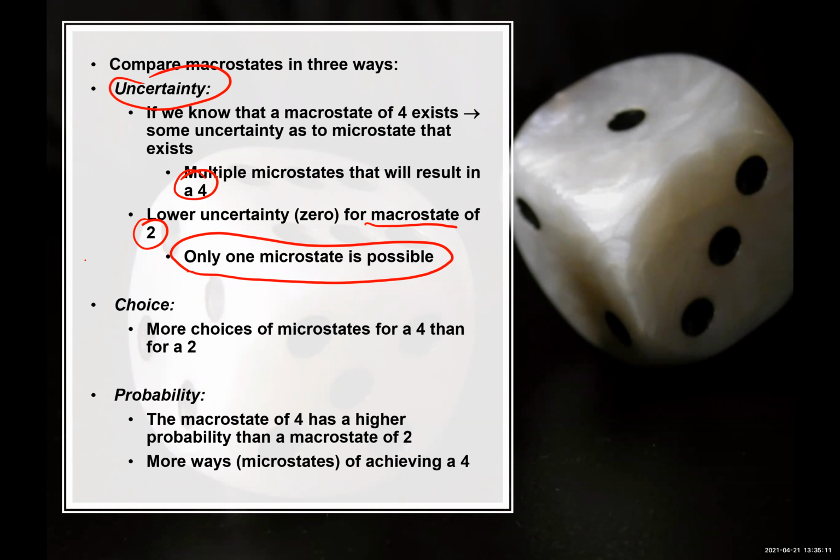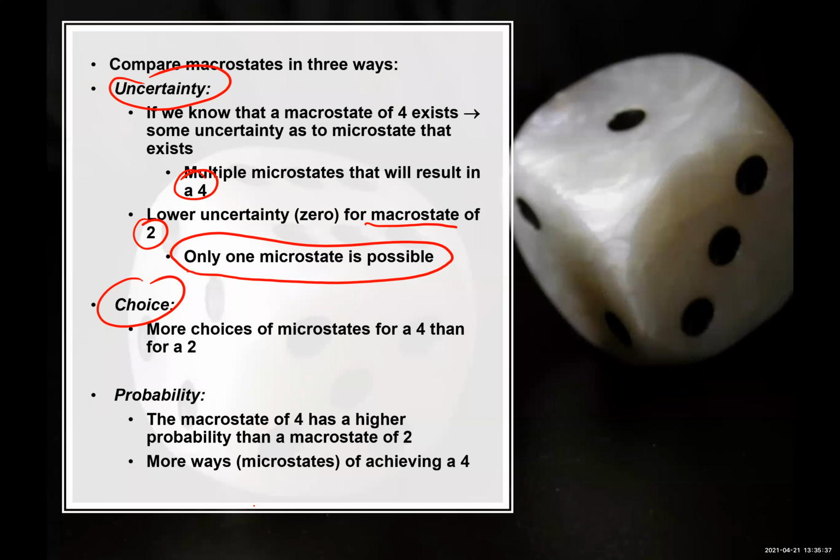Then we have choice: there are more choices of microstates for a 4 than for a 2. Then probability: the macrostate of 4 has a higher probability than the macrostate of 2, because there are more microstates for achieving a 4.